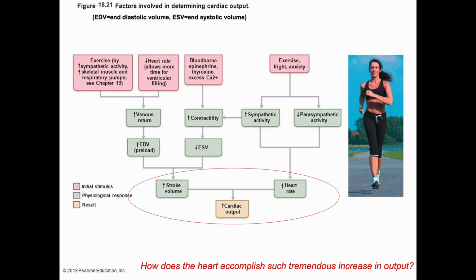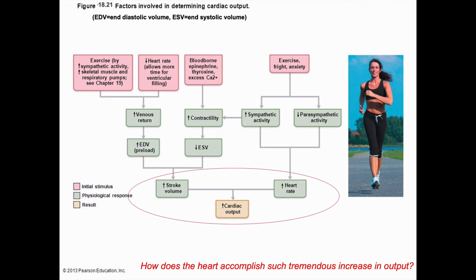Now the factors involved in determining cardiac output. There are many factors. Some people are sitting idle at home, some people are jogging in the early morning, some people are always sleeping in the house. These are various factors by which the heart rate, the speed of the heartbeat, is altered.